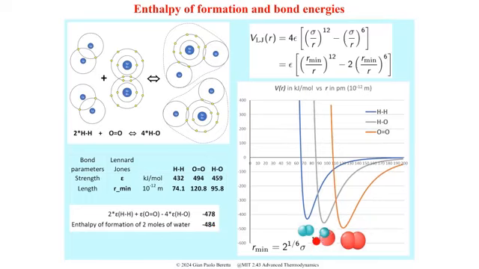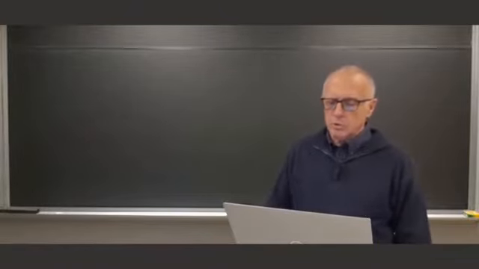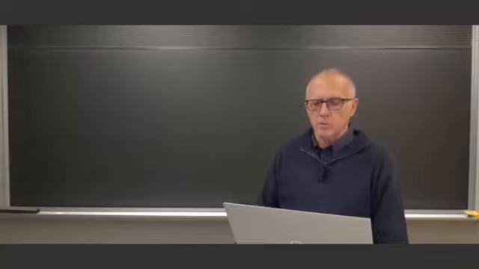So in a sense, this is to say that the Lennard-Jones representation is not bad for giving a first look at what these properties of formation, and at least the enthalpy of formation, comes from.